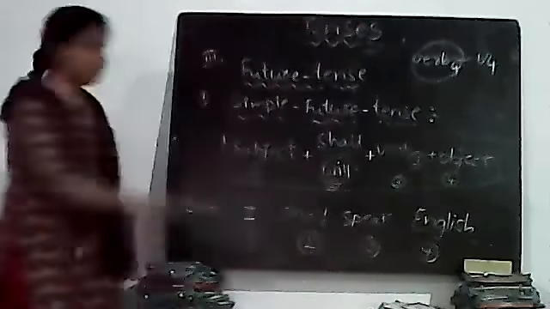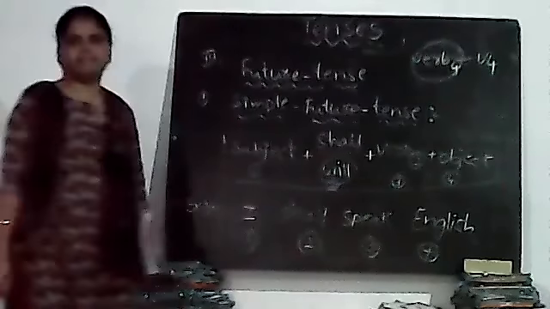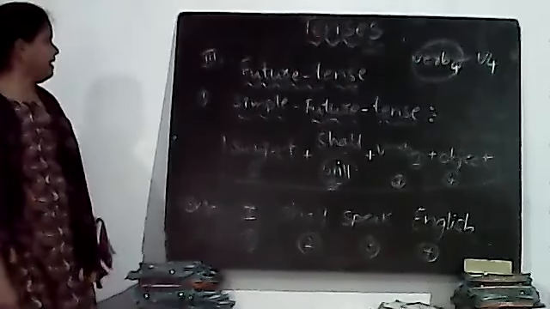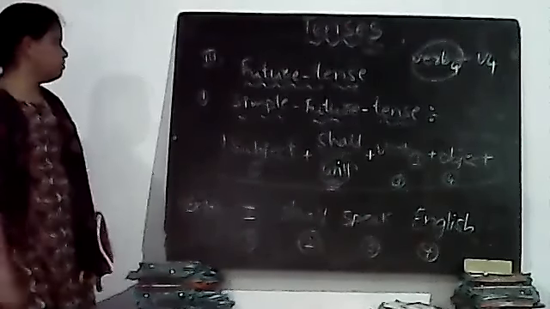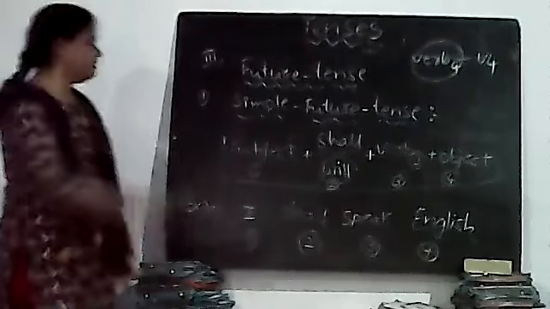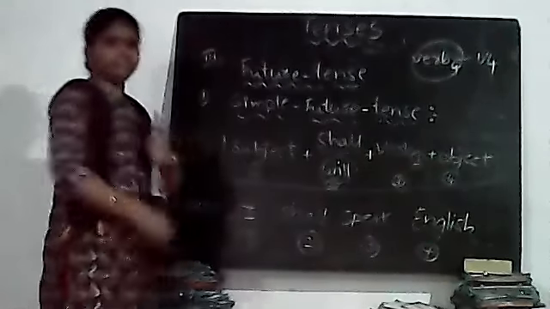So there are 4 parts in the example too. So the simple future tense first part structure is subject, shall or will, verb 1, object. I shall speak English. So this is the first part.